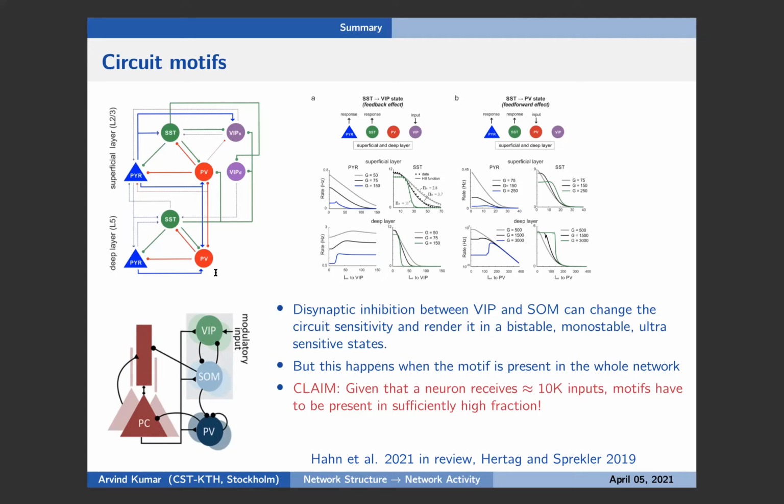But note that we are studying networks which have nothing but this motif repeating everywhere. And in that case, it has very interesting nonlinear properties, hysteresis, and so on. But the question is that in a big network, how many such motifs should be there to generate some meaningful difference? And that, of course, needs to be characterized.